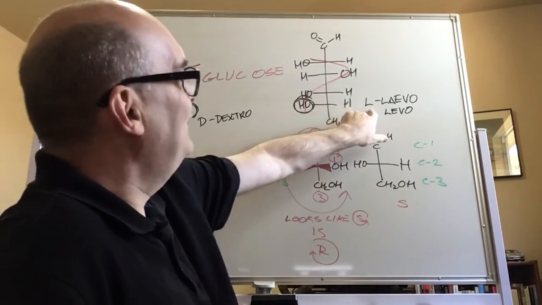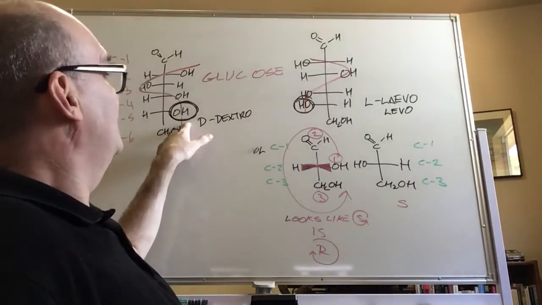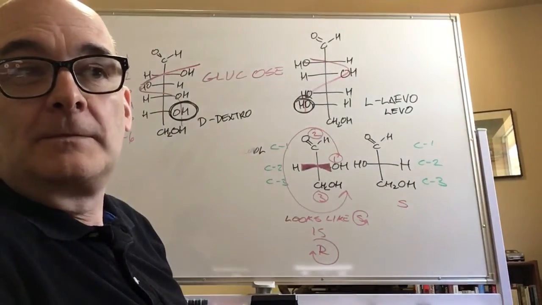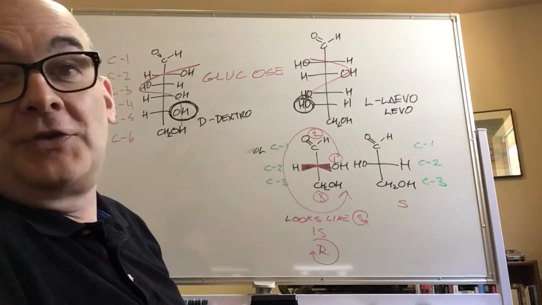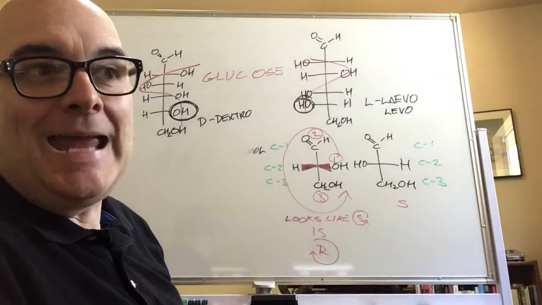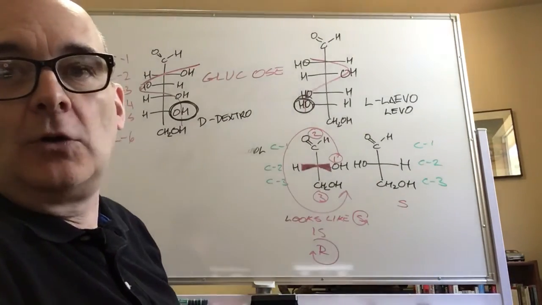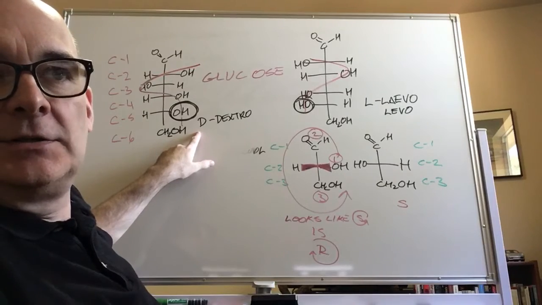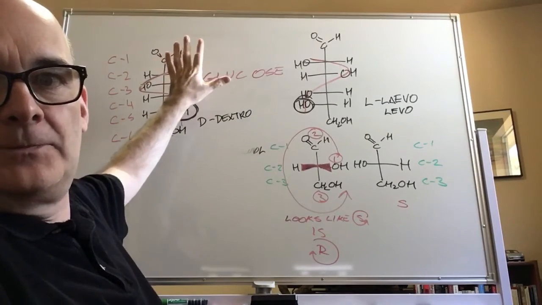So I have left sugars and right sugars. And it turns out that, at least on this planet, all of the sugars with any biological activity at all belong in the D sugar group.